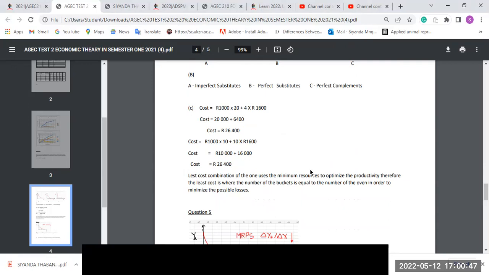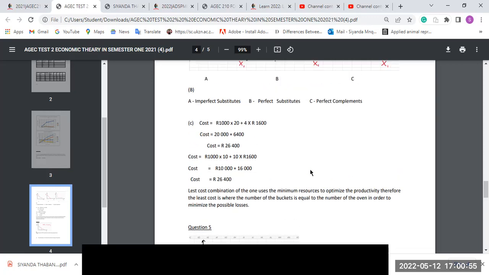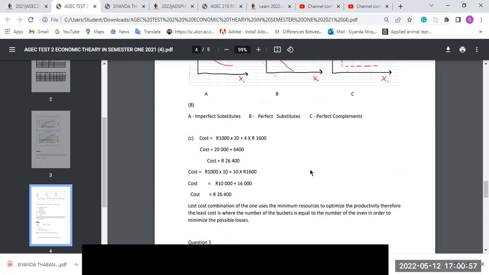So what happens? Remember what we do with the variables. This is the first variable; we multiply it by its price, and this is the second variable; then we multiply it by its price.